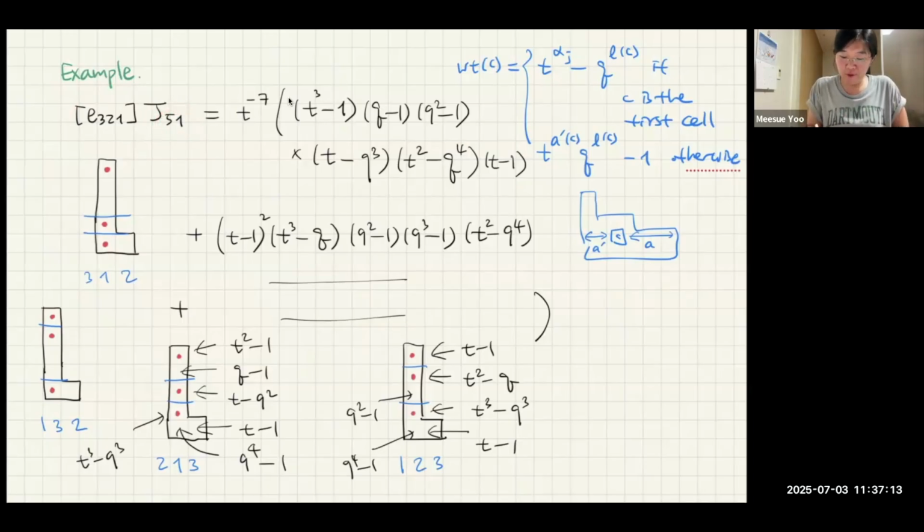And we can see that if you replace t by q to the alpha, everything is q to the something minus 1 form. So if you divide these things by q minus 1 to the n, then everything will be a q integer. So you get the positivity.